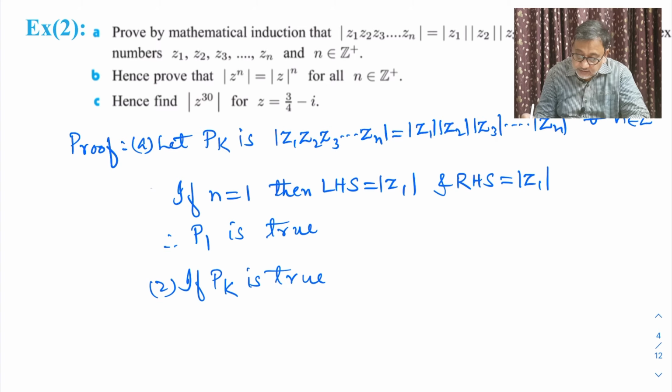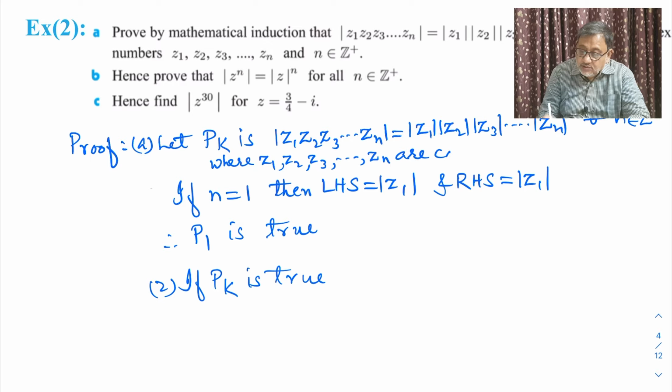So z1, z2, z3, and so on up to zn are complex numbers.